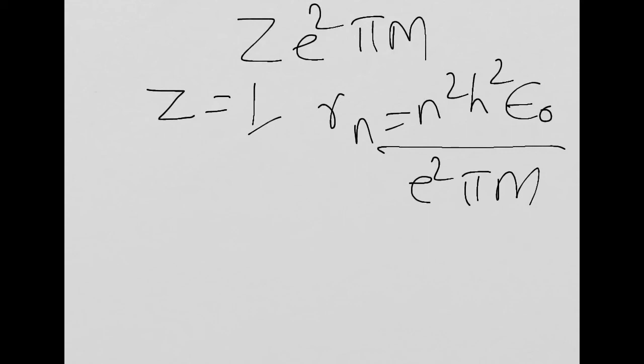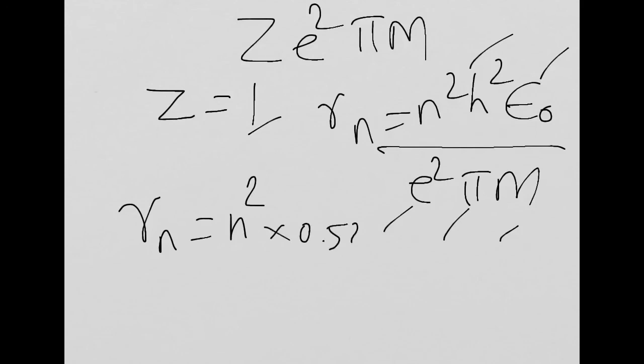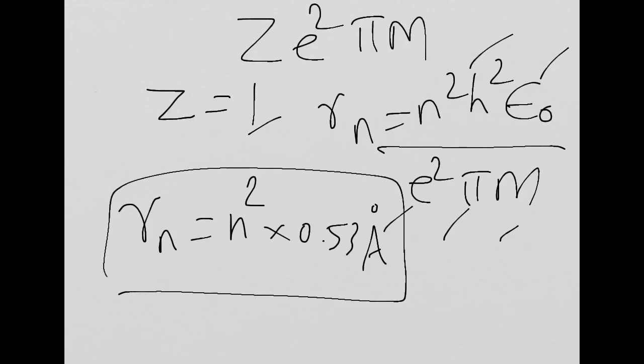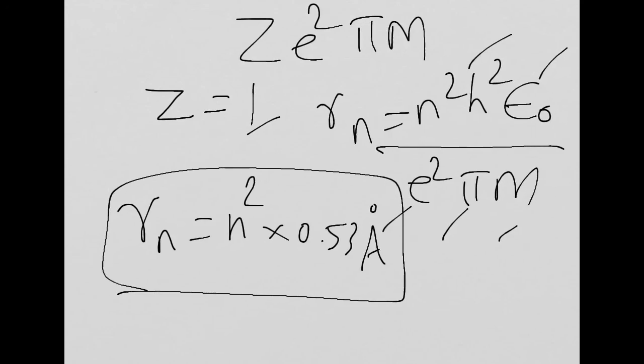Before that, we know the value of h, epsilon naught, e, pi and even m. Because of all this, if I calculate by substituting all the values, it's going to be n square into 0.53 Angstrom after calculation. Okay, this is the general formula, radius of nth orbit.